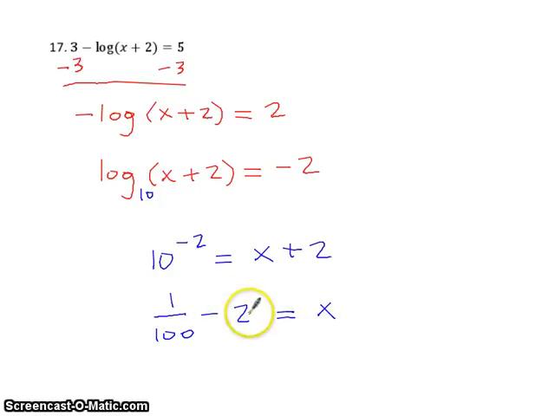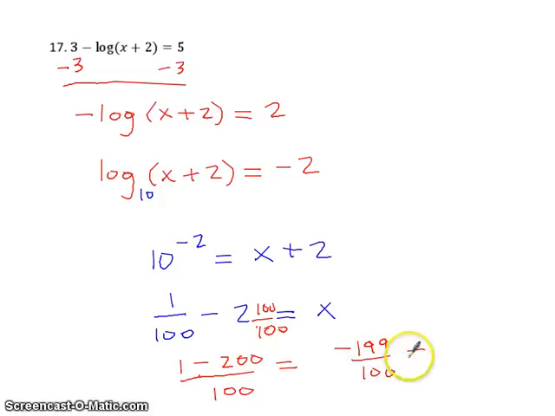And now I'm going to multiply by 100 over 100 to get a common denominator. And so we have 1 minus 200 over 100 is equal to x. And then that means that we have negative 199 over 100 is equal to x.